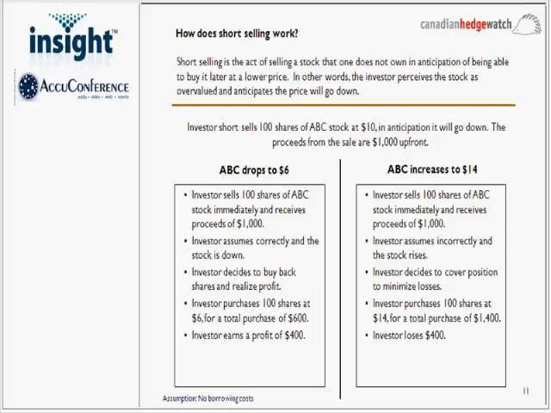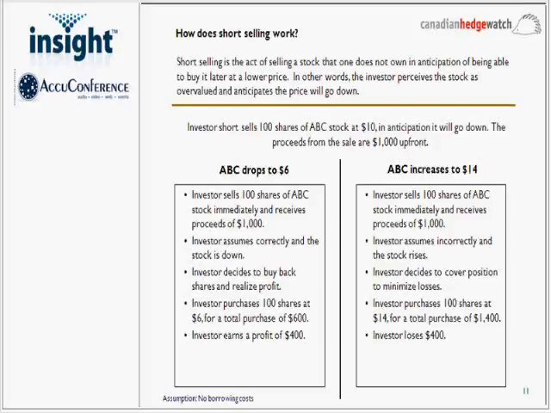An investor sells 100 shares of ABC stock at $10 short in anticipation it will go down. So up front, the investor gets proceeds of $1,000. Now let's look, what happens if ABC drops to $6 as anticipated? Well, the investor decides to buy back at a profit.